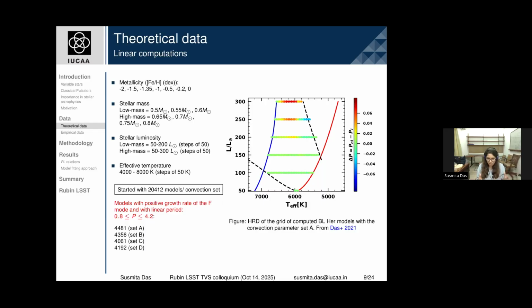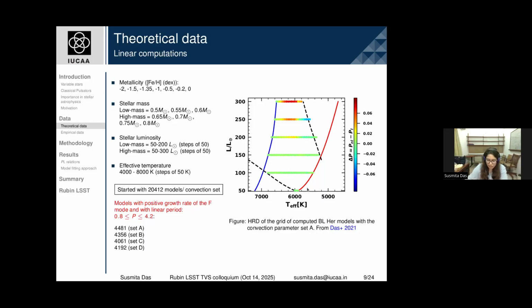So for this grid, we only study those models that exhibit positive growth rate in the fundamental mode. So anything beyond the red edge and the blue edge are the ones that would potentially not demonstrate pulsation, right? So between the red edge and the blue edge is where we have positive fundamental growth rate.